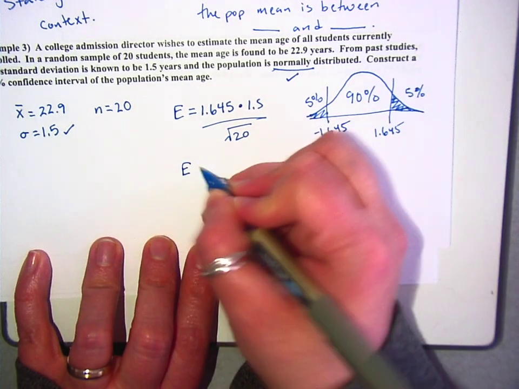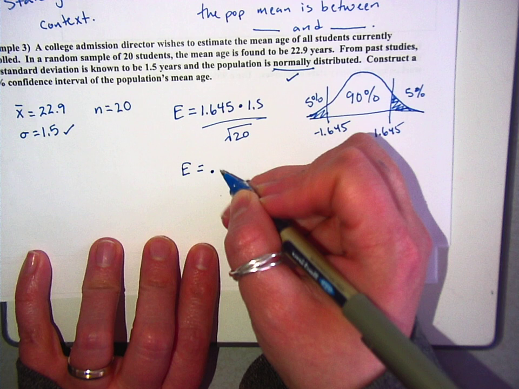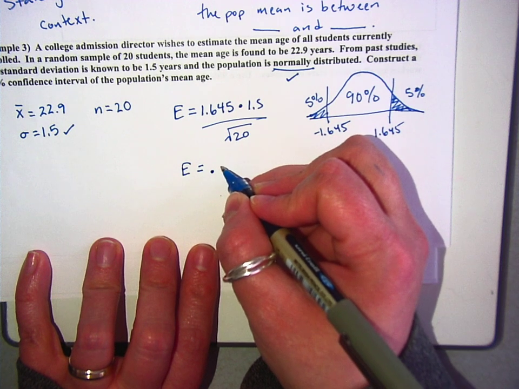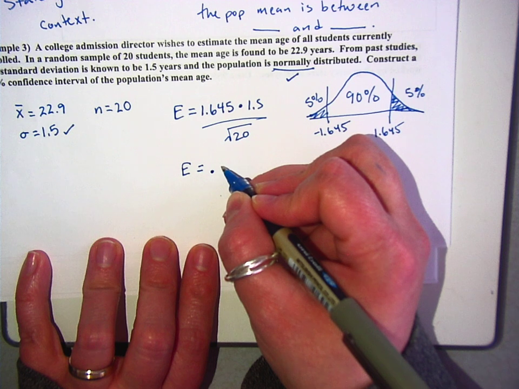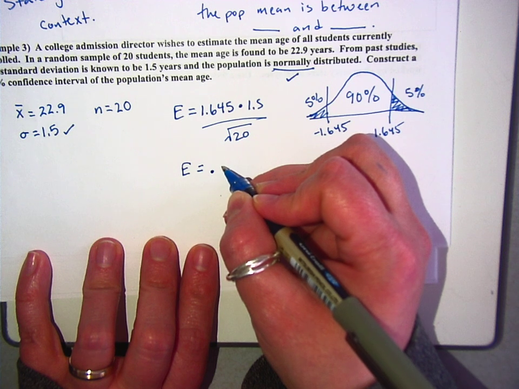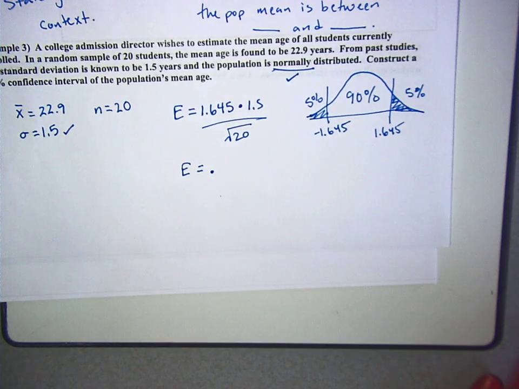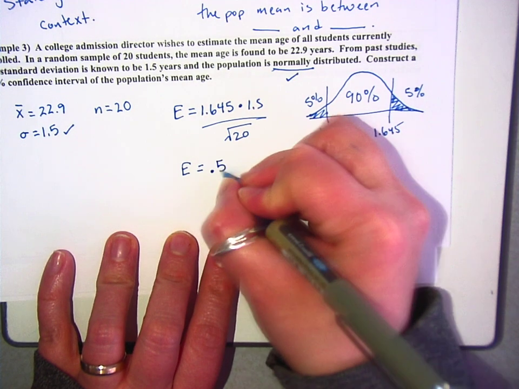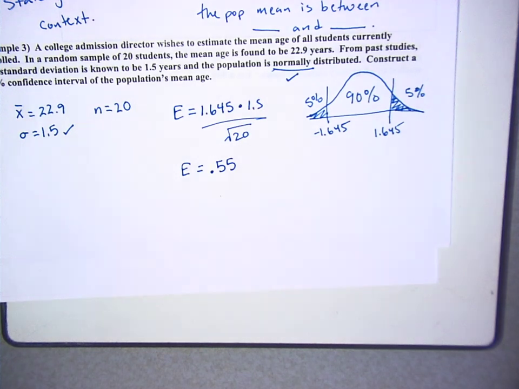I got E equals, do you get 0.55? Am I wrong? I must be. 1.645. Yeah, I got that. Okay. You got 0.55?